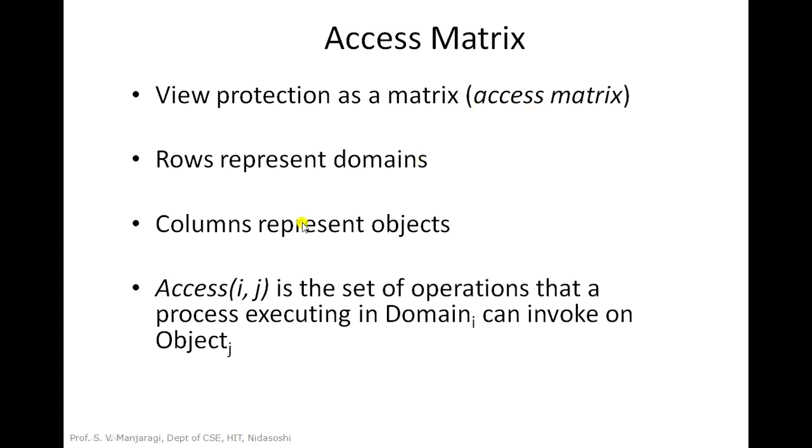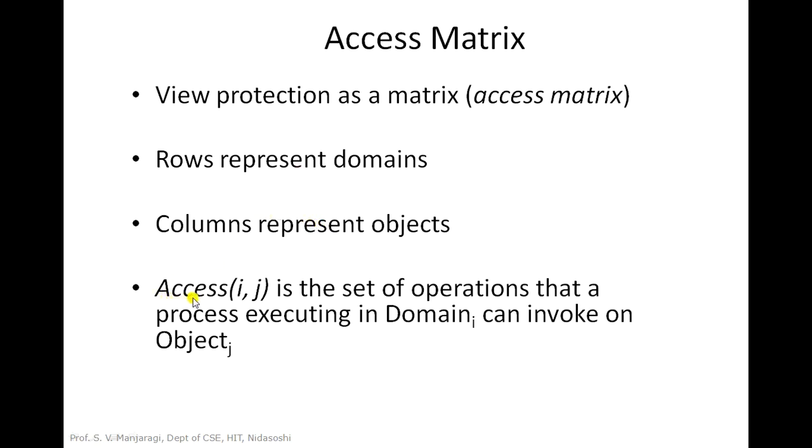So in the access matrix, rows represent different domains, and if you take the Unix operating system, domains are nothing but user IDs or different users. In the access matrix, rows are representing domains, columns are representing objects. Then we define the access rights from a particular row to a particular column.